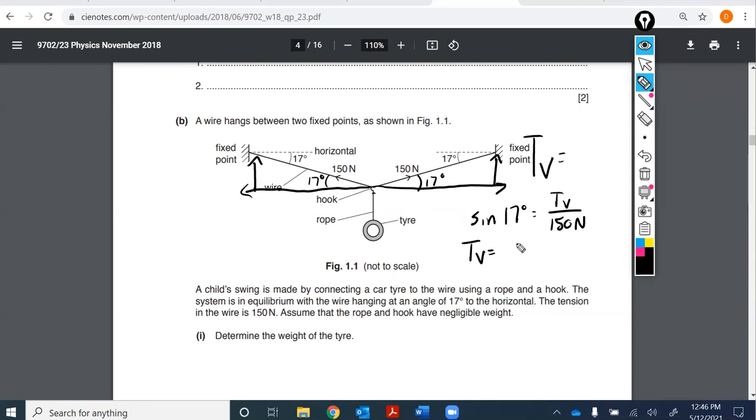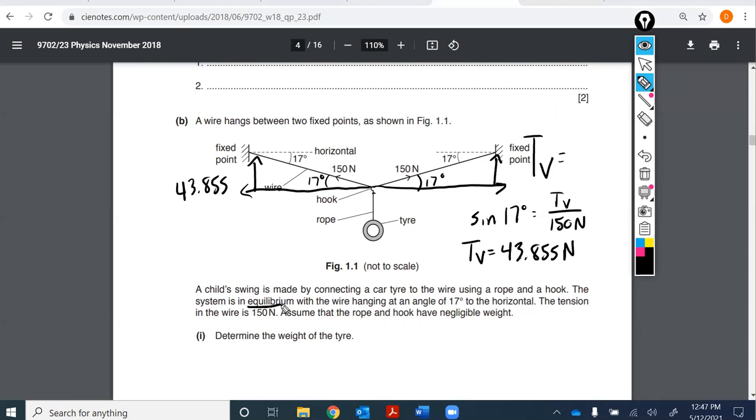The sine of 17 degrees is 0.29 times 150 newtons gives us 43.85 newtons, which means this component of tension over here would be exactly the same calculation to show that it's 43.85.